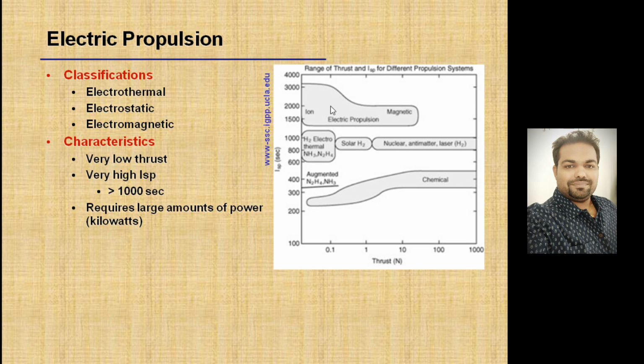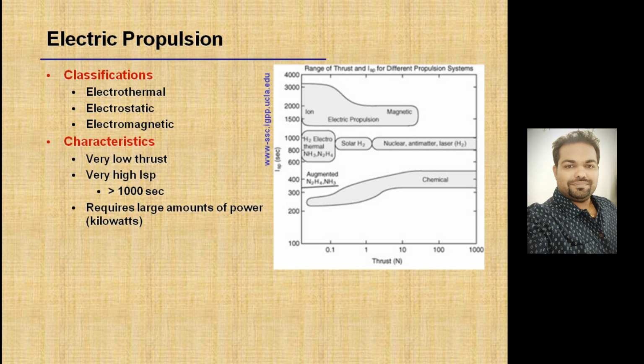So rockets with higher specific impulse are basically used for movement within the orbit, or for attitude control of the spacecraft. Particularly we use ion, electric propulsion, or magnetic rockets for movement within the orbit or a slight jump from one orbit to another.